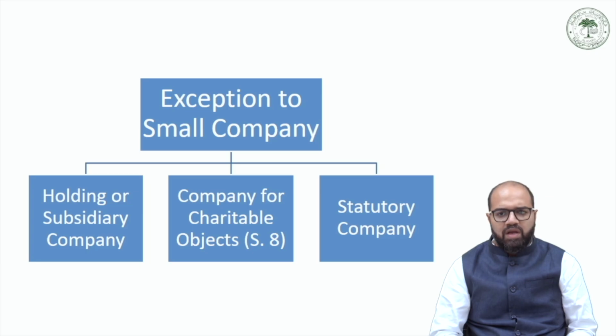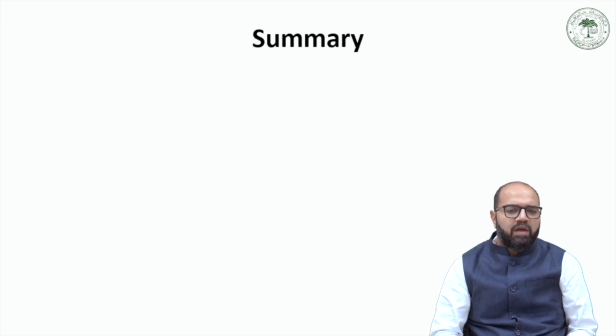Thus, even though the above mentioned companies satisfy the capital and turnover requirements of a small company, they would nevertheless fall beyond the purview of small company, and consequently the advantages which are applicable to a small company cannot be extended to them.